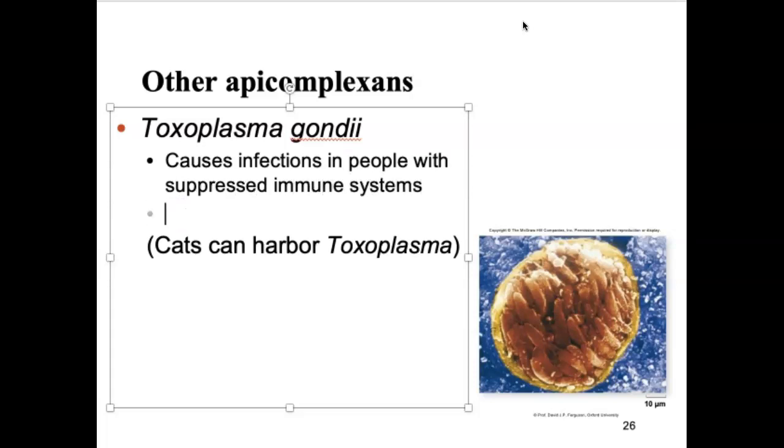If you have a suppressed immune system, these guys can kill you. So somebody who is being treated for cancer, undergoing chemotherapy, anybody whose immune system has been suppressed, this apicomplexan can be deadly.